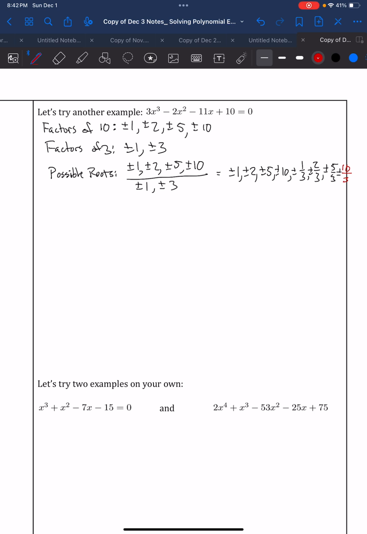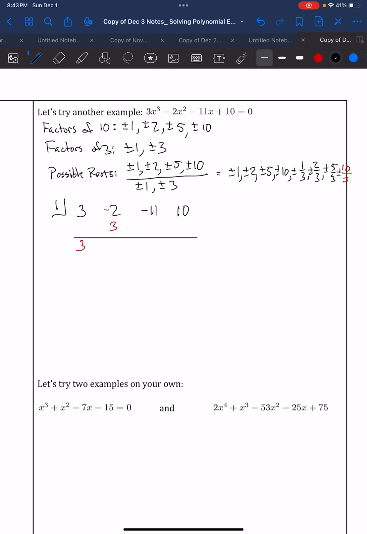So let's try doing this again. We're going to look at x minus 1 as a potential factor. And we have 3x cubed minus 2x squared minus 11x plus 10. We draw on our line. So we pull down the 3. 1 times 3 is 3.